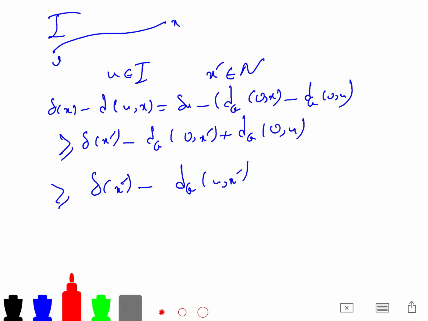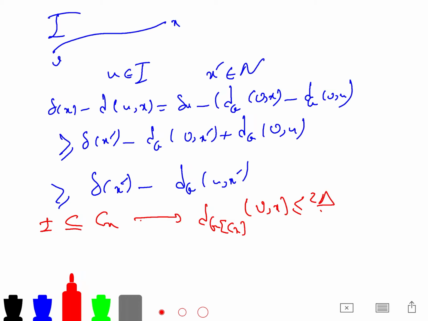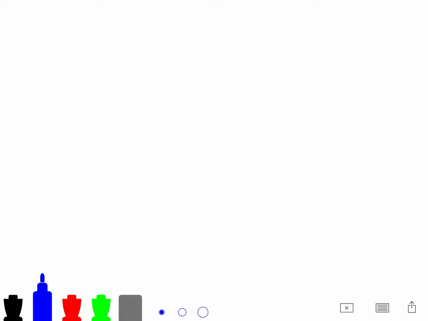So we conclude that I is a subset of Cx, in particular that dG of Cx of V and x is less than 2 delta. And this dG(V, x) less than 2 delta implies that Cx has weak diameter 4 delta.